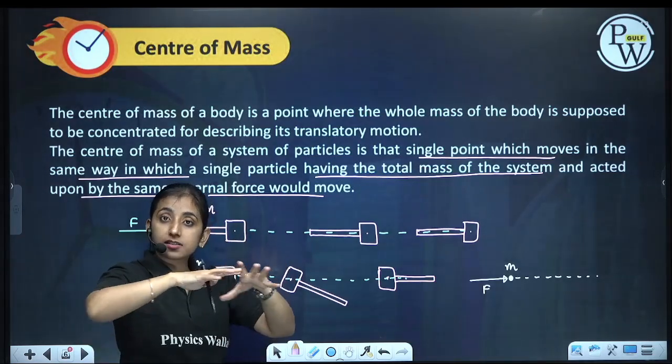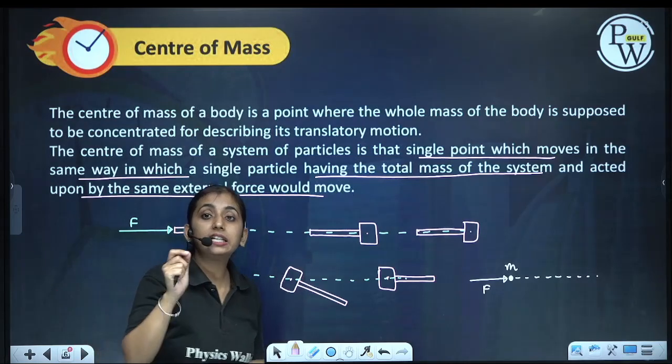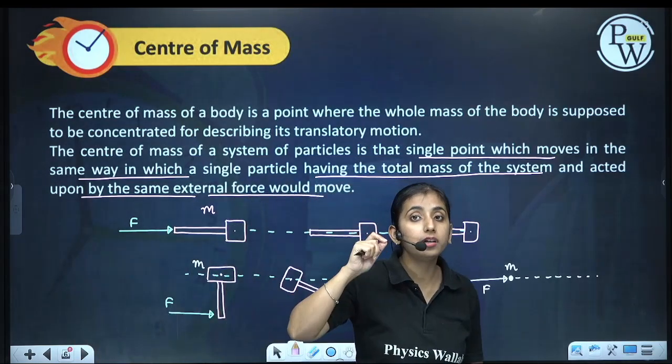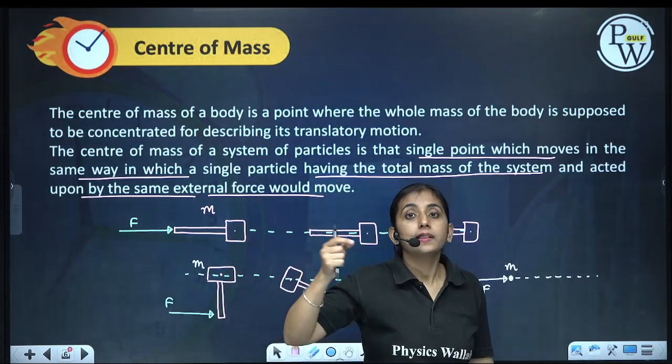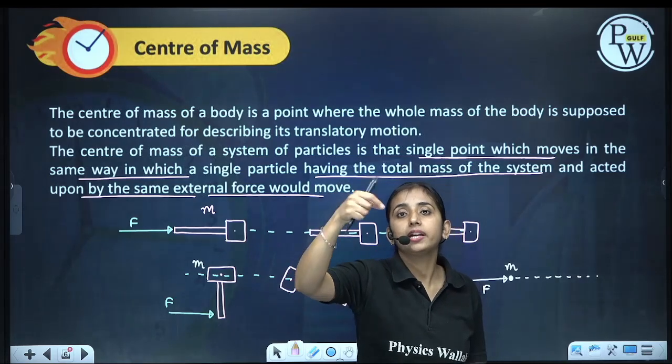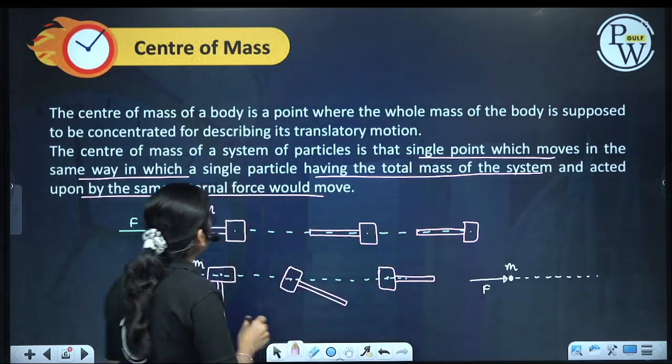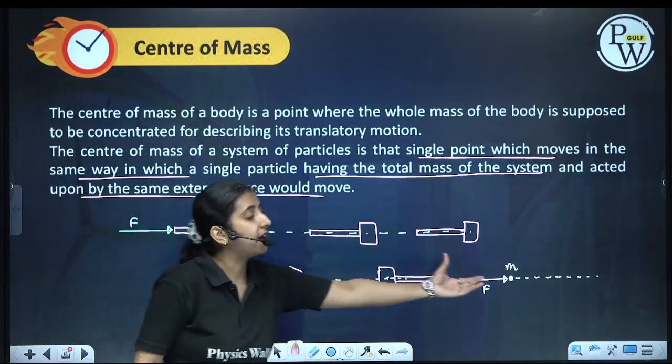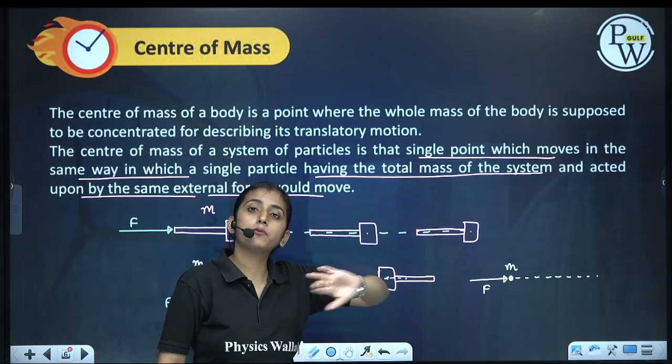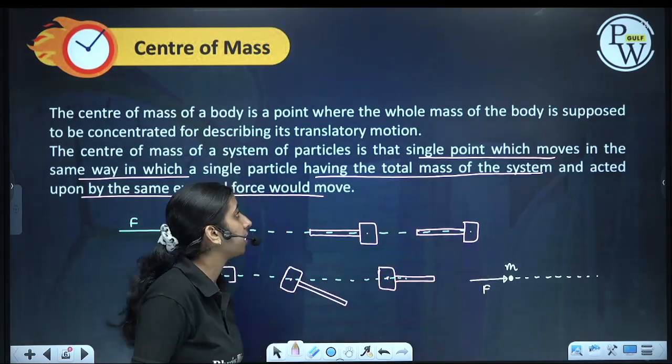Actual mass is distributed all over the body, but it is a hypothetical point where we assume all the mass of the body is concentrated, because under the action of force it behaves like such.